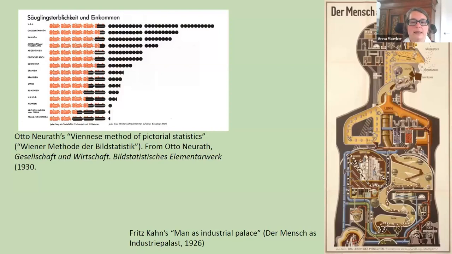One example here is from Birgit Nemetz's recent work on interwar Vienna, where she looked at the work of philosopher and sociologist Otto Neurath, who propagated the so-called Viennese method of pictorial statistics, the Wiener Methode der Bildstatistik, which he considered, in his words, a new proletarian style of schematic representations of anatomy, physiology, and health more generally, which was designed to convey new anti-bourgeois visions of communal urban living and society more generally.